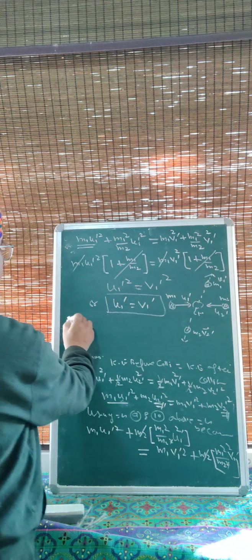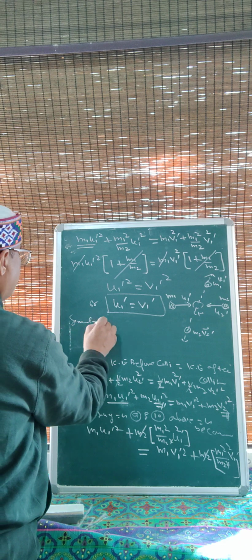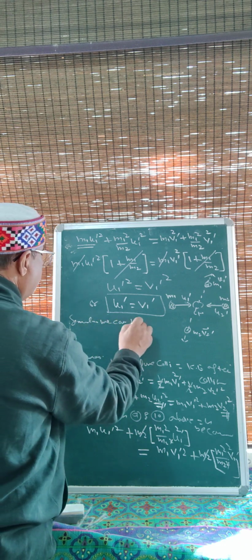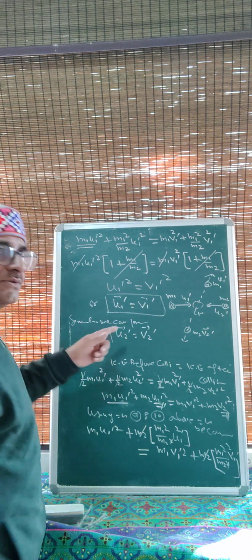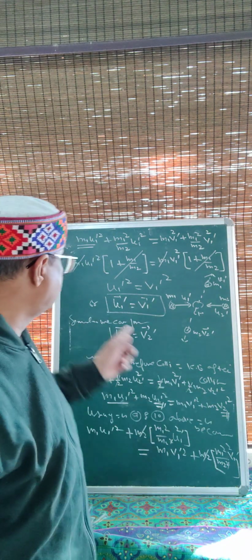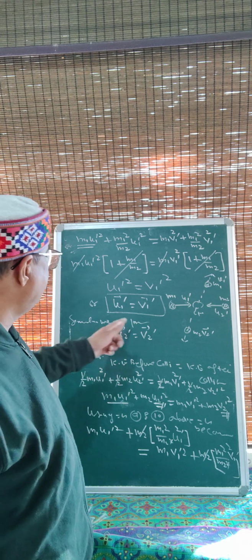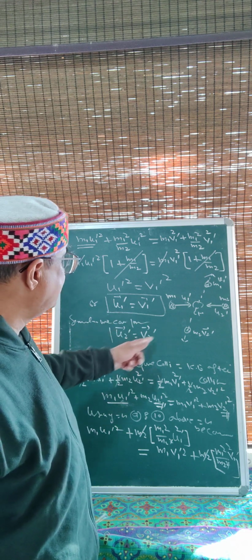And similarly we can prove, it can be shown that u2 dash is equal to v2 dash. There is no need to prove this again, since we have proved that u1 dash is equal to v1 dash. Similarly, u2 dash is equal to v2 dash.